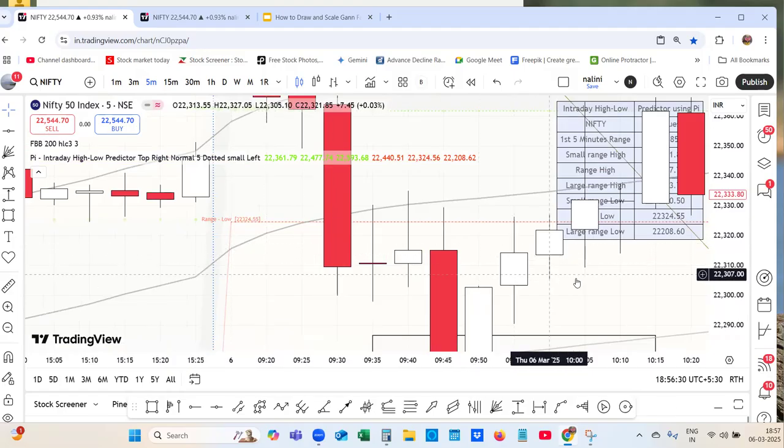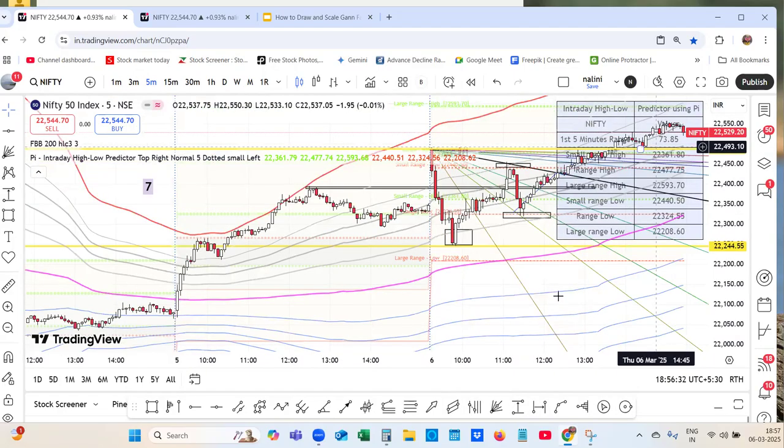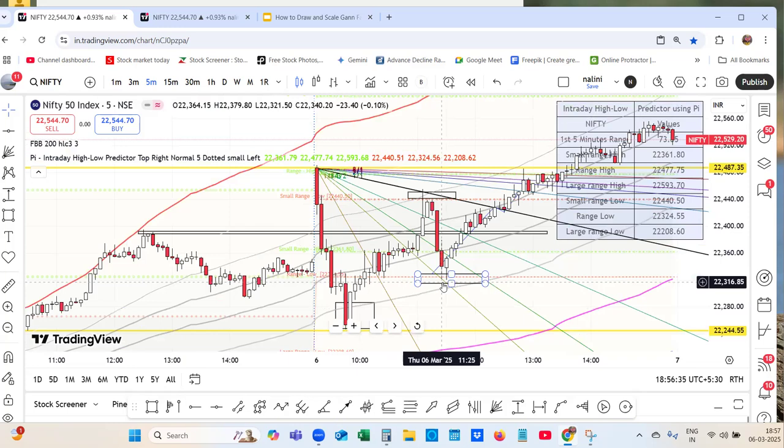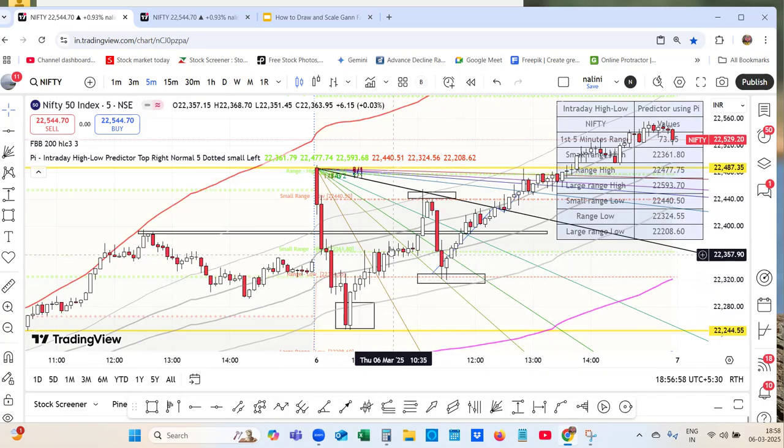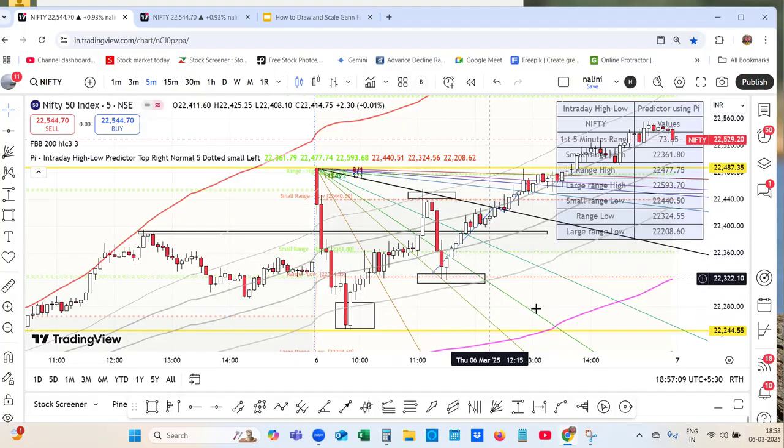Here it came down to 22,322. What was the low? 319. It was a wick. And the first time it made a low of 22,321. So the exact level, even the pi levels were matching with the angles. That means the market moves with the cycle.